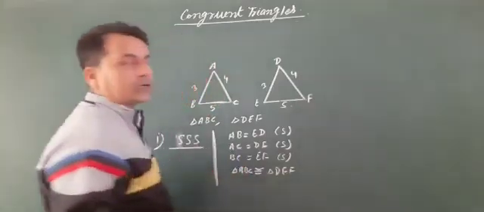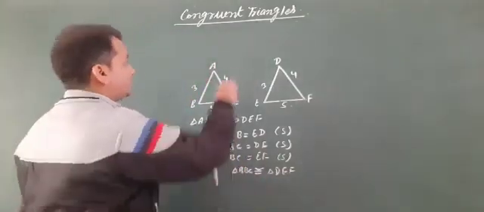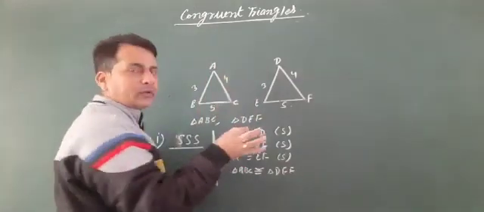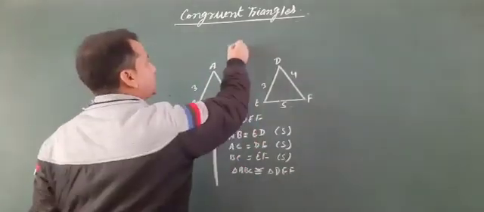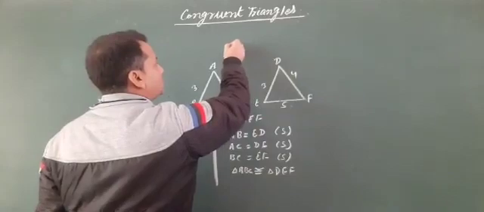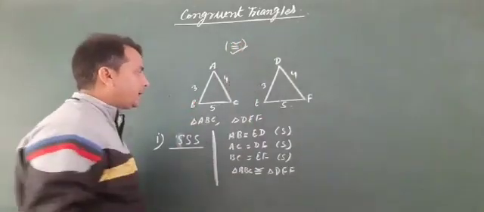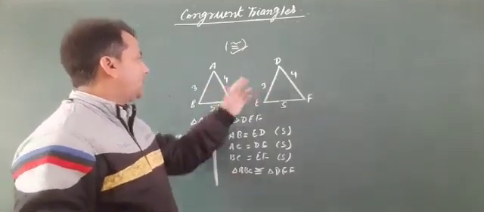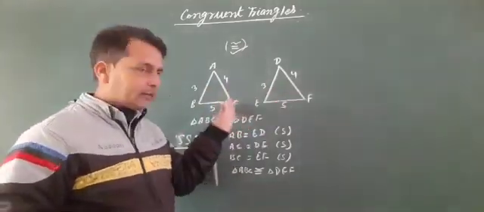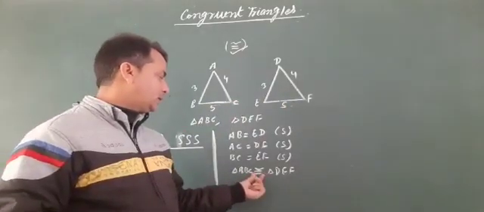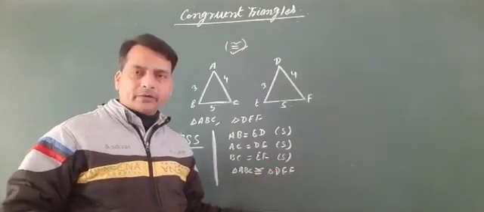So this is the symbol of congruency. If two triangles are congruent, it is denoted by this symbol. So triangle ABC and DEF, they are congruent. So apply this symbol: triangle ABC congruent triangle DEF.